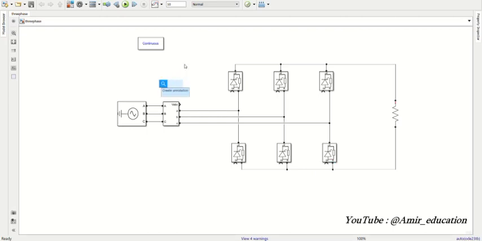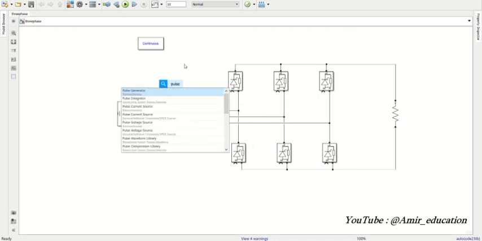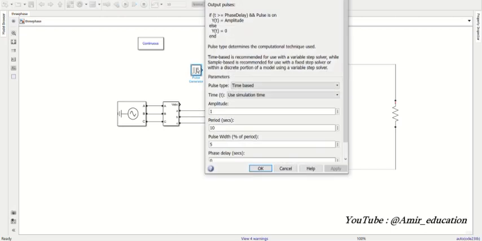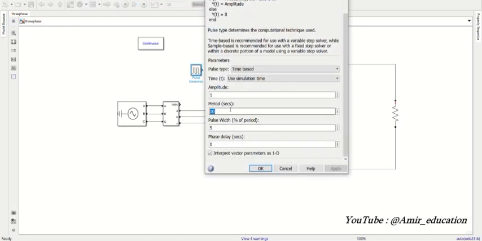So, in order to activate our thyristors, we need a pulse generator. Since our frequency is 50 Hz, I set the period to 0.02 seconds, which equals a cycle.